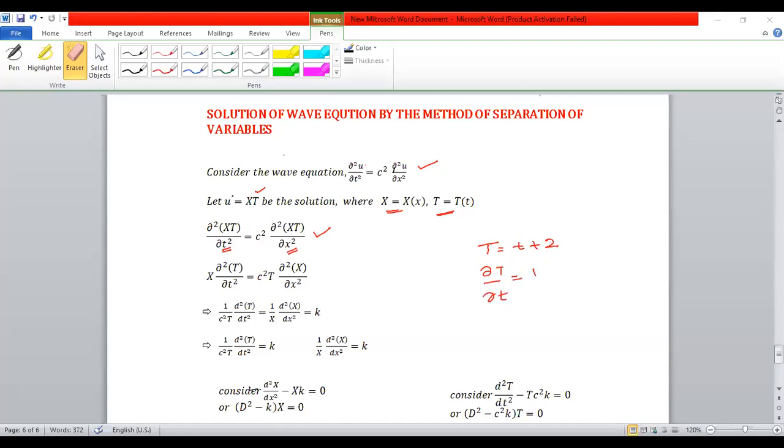Partial derivative of t plus 2 with respect to t is 1. Similarly, derivative of t with respect to t is also 1. There is no difference between partial differentiation and actual differentiation here, because T is a function of t only.